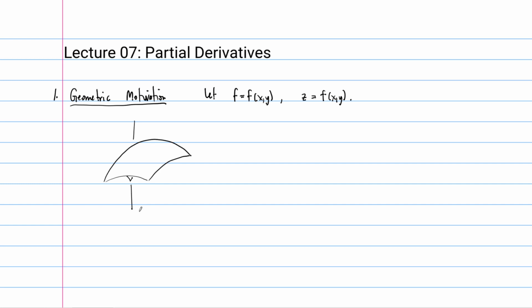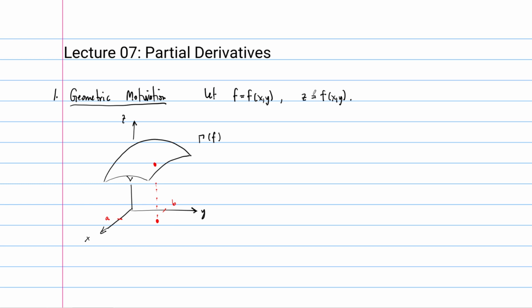I'll draw the x, y, z coordinate axes in three-dimensional space. Remember how this works. If we regard this as the graph of f, gamma f here meaning the graph of f, then for every point in the domain, let's say this point right here, maybe its x and y coordinates are a and b, this is just a point in the domain.